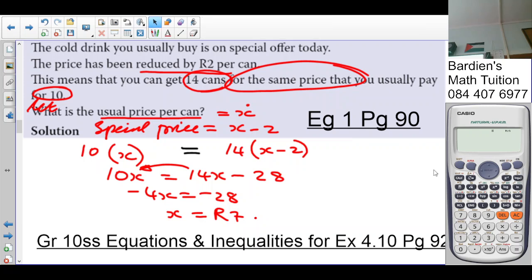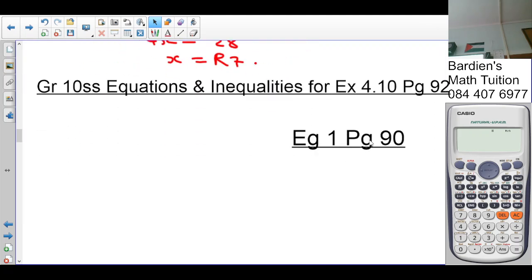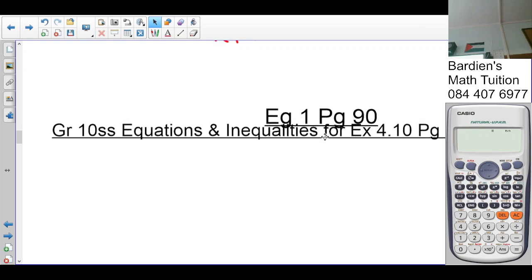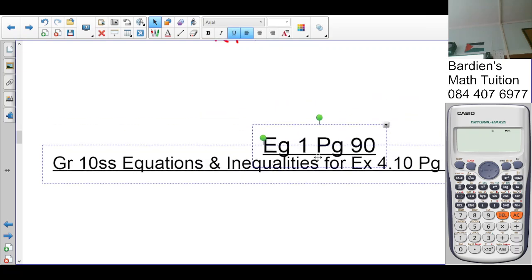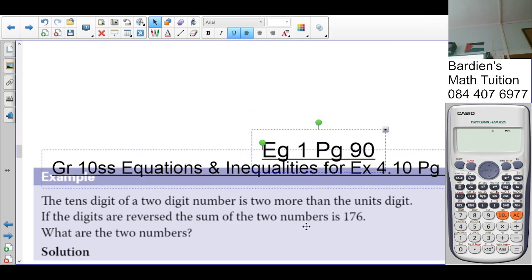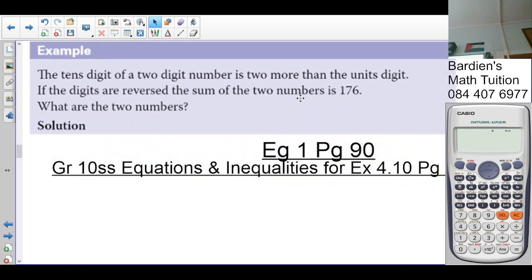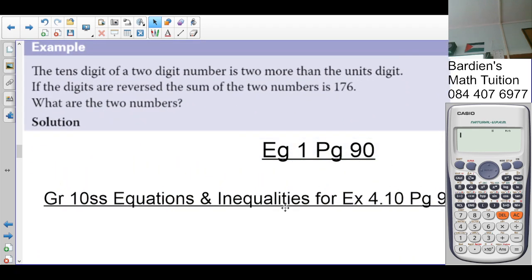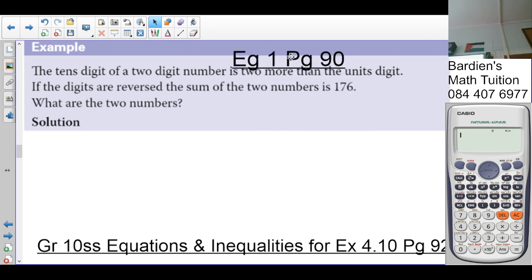Take down what you need. You must get the word problem, no? You won't get it in every exam, but you should get it in this exam.